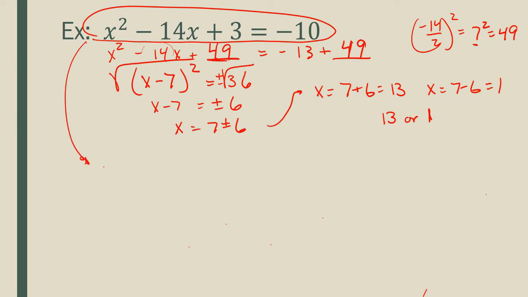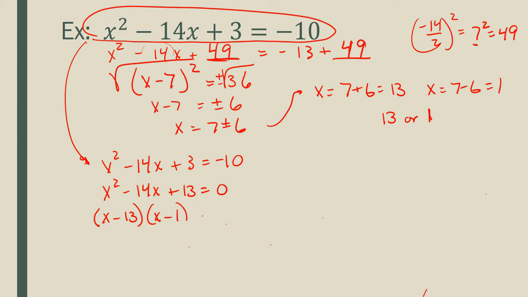Let's solve the same one with factoring. X squared minus 4x plus 3 equals negative 10. Remember, to factor, I have to set it equal to 0. I'm looking for factors of 13 that add up to negative 14. That would be negative 13 and negative 1.